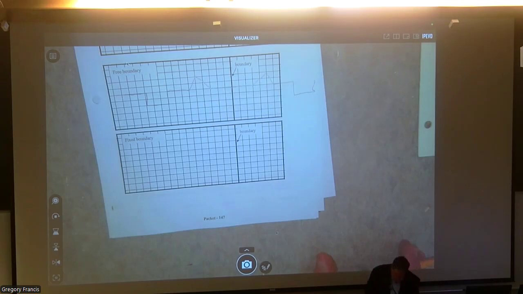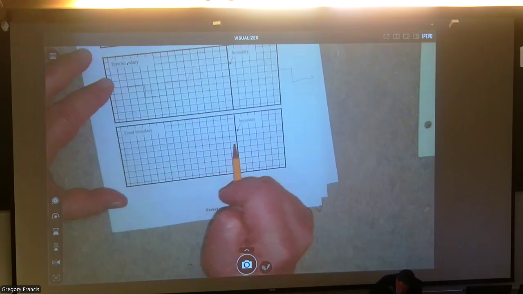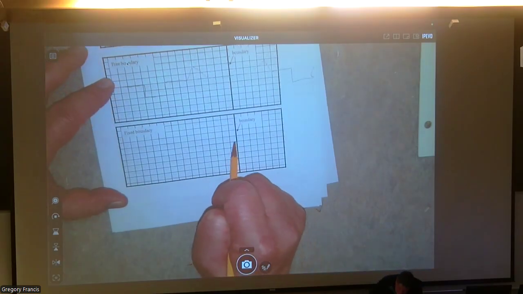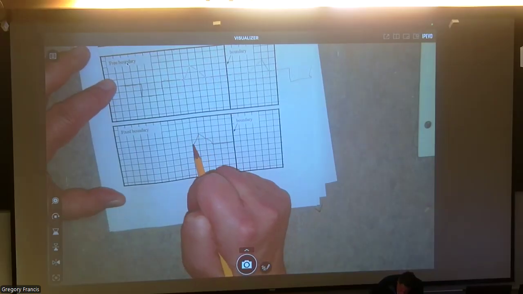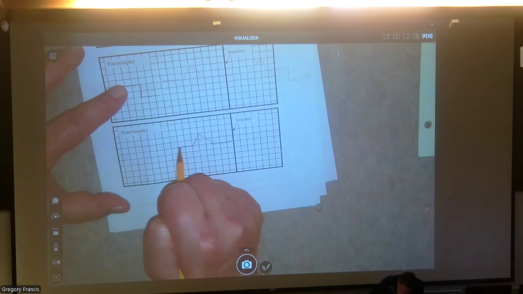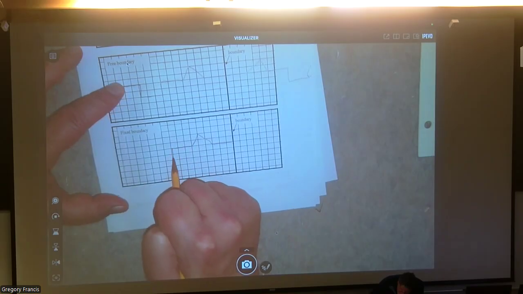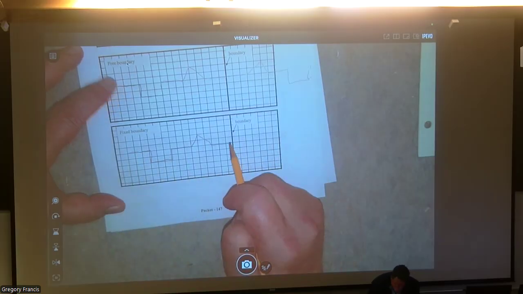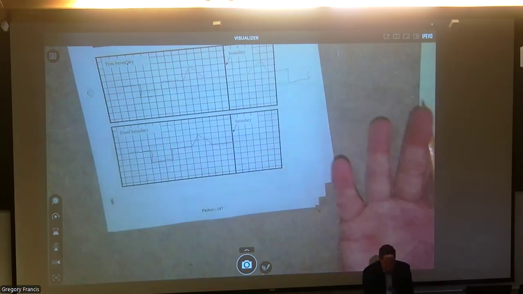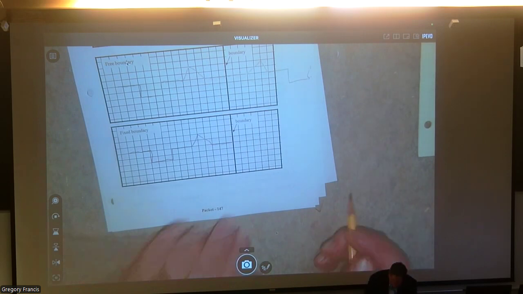Now, if I were doing it for the fixed boundary, step one would look like this: 3, up 2, down 1, over 3, down 2, over 3, up. In this case, I would take the mirror image, but I would also invert it.